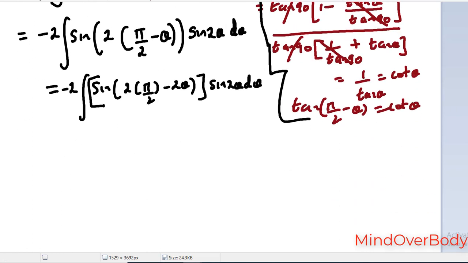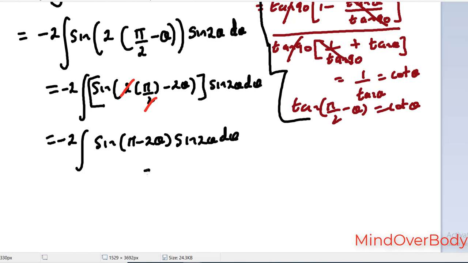The 2 gets cancelled, so you now have negative 2 times sine of pi negative 2 theta times sine 2 theta times d theta. Now this is nothing but negative 2 times sine of pi negative 2 theta, which is going to be sine 2 theta, times sine 2 theta times d theta. So this is what we have got.